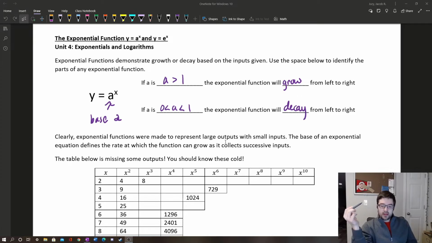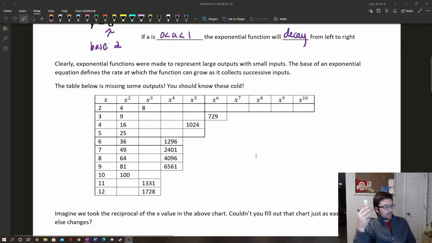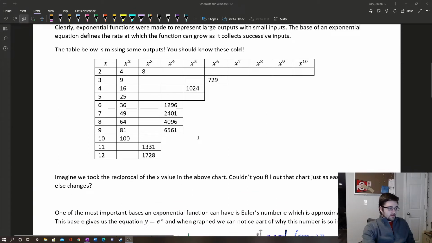So the exponential functions were made to represent these large outputs, and you can see in this chart below that the base of the equation is going to define that. So there's not really a parent function here. There's going to be any number of bases we could use. And what I'd like you to do is fill this out. You should be able to get all of these within reason.